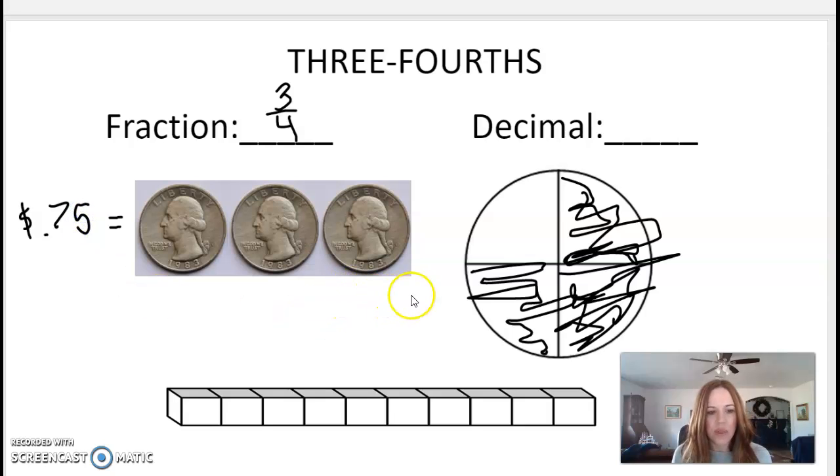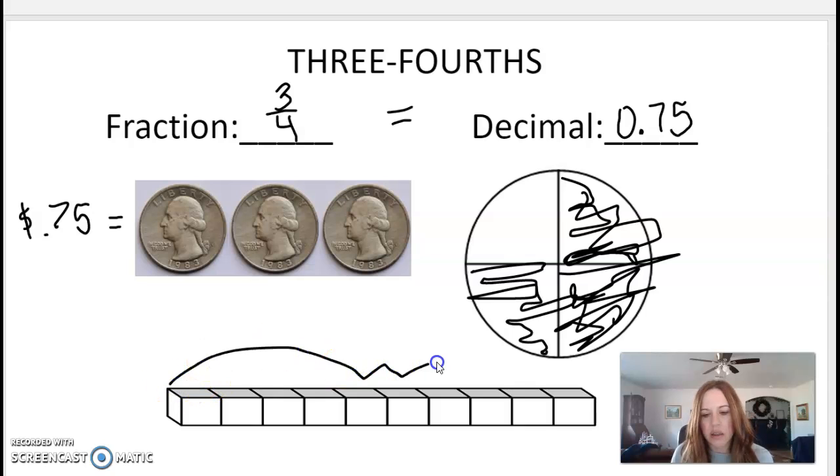Just like that. So here we already have turned it into a decimal. How would we write 3/4 as a decimal? You would write it as 0.75, 75 hundredths. So let's represent 75 hundredths in our tenths bar.